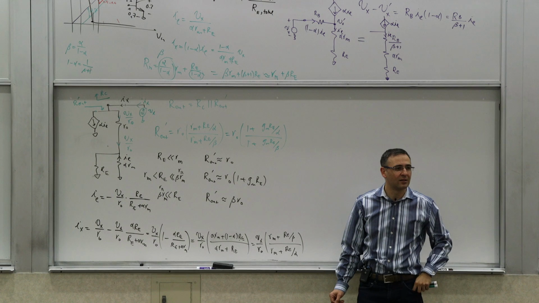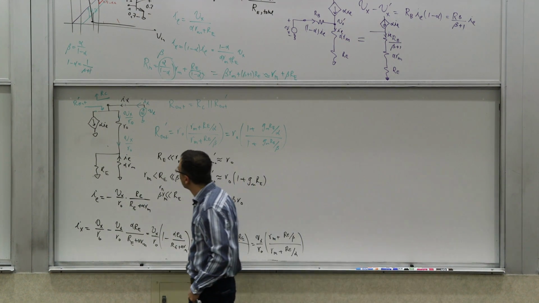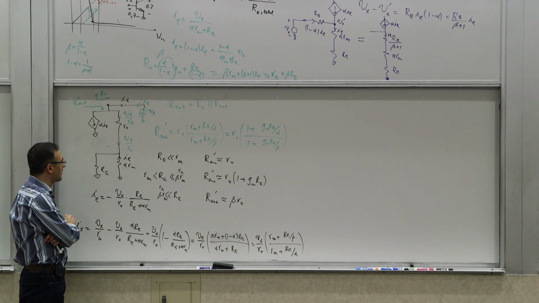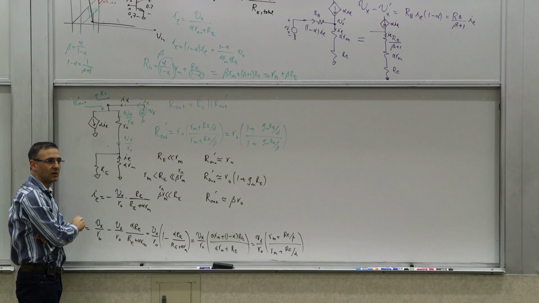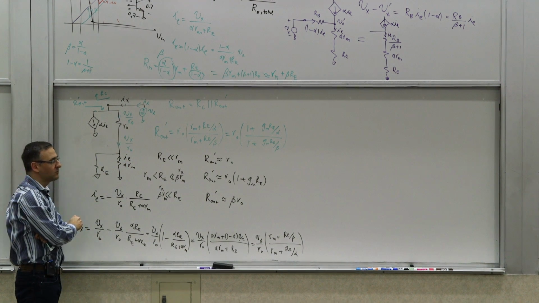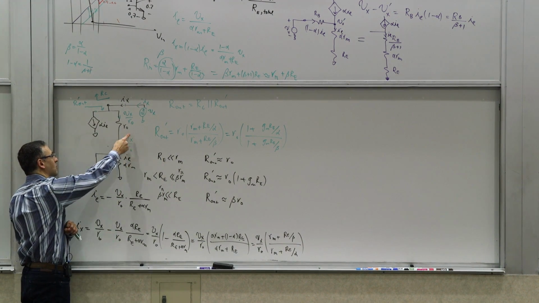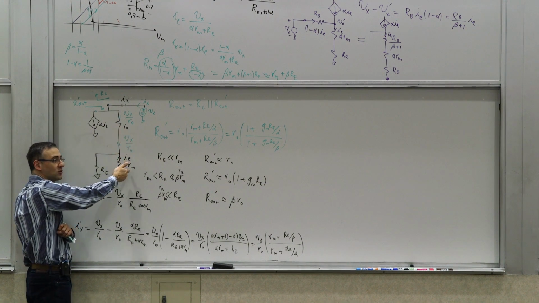Yes? Go ahead. When you're calculating the current through resistor Ro here, are we just assuming that Re is a lot smaller than Ro? I was assuming that Rm is much smaller than Ro. And it usually is, right? Let's say at 1 milliamp, this is 25 ohms, and VA is like 100 volts, so it's like 100 kilo ohms to 25 ohms.